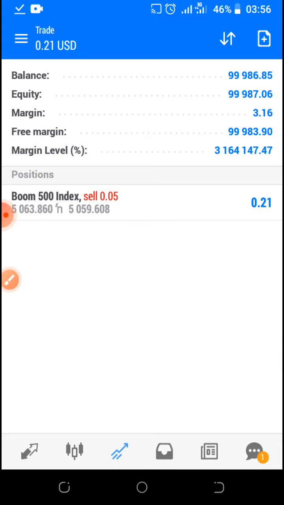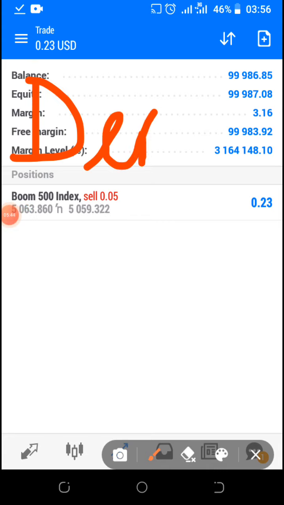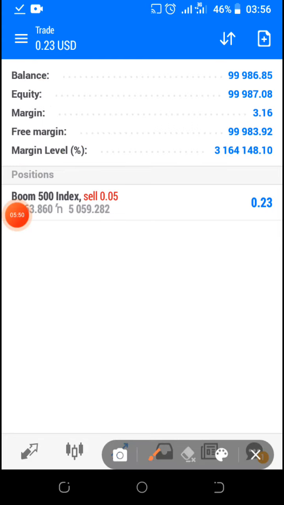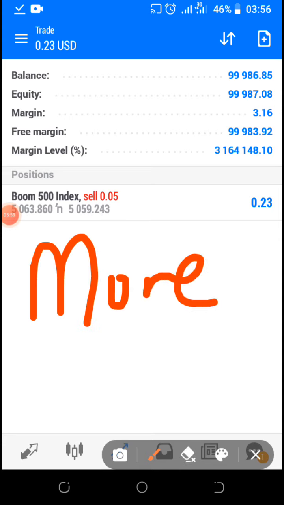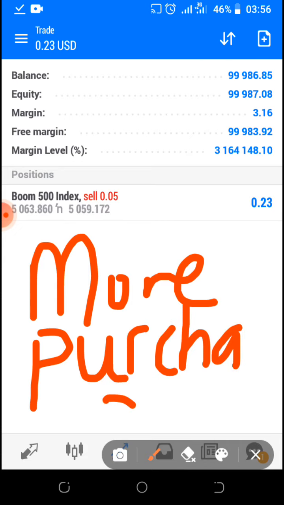The demo account gives you a leverage of 1:100, while real life trading gives you a leverage of 1:500. The difference is that what you do in demo, you can do in live. But the leverage of 1:500 gives you more purchasing power.